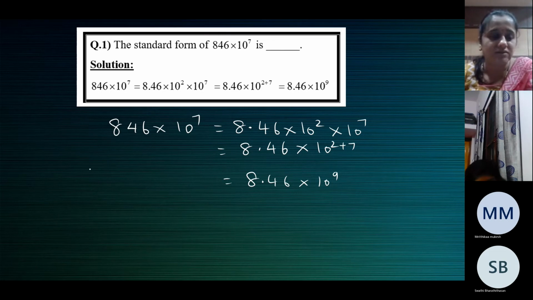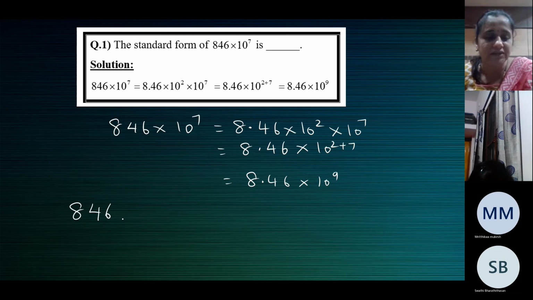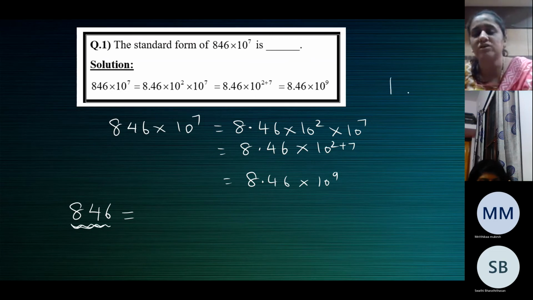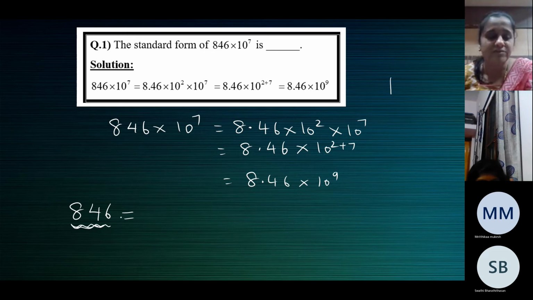So it's like this. To write 846 in the scientific notation or the standard form, it should be reduced to the number 1 or anything more than 1, but less than 10. The decimal point is here, 846.